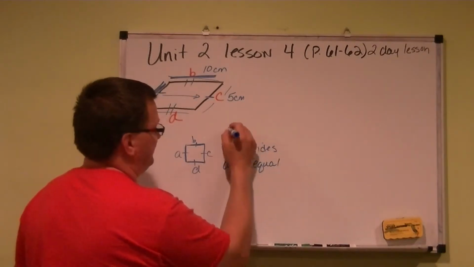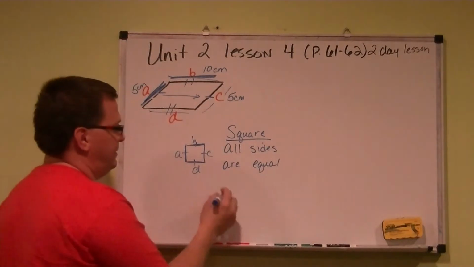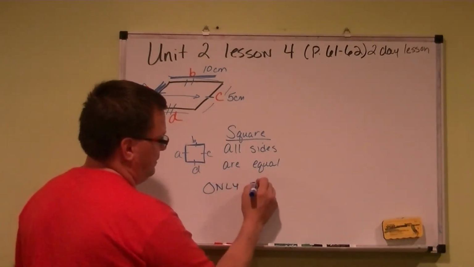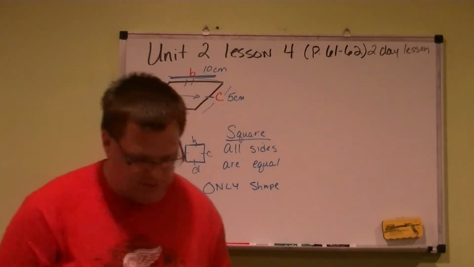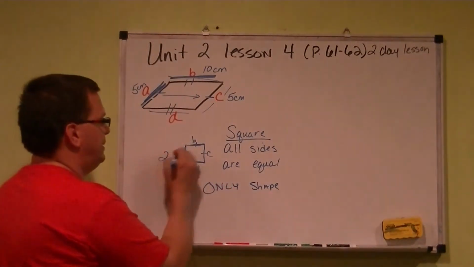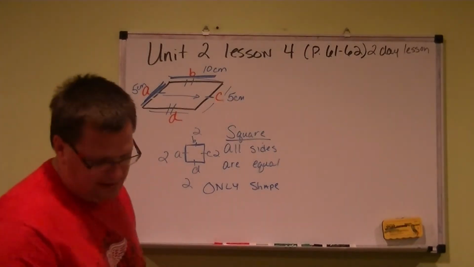So we'll just put square up here on top. That's the only shape where all four sides are going to be equal. So whenever you see a square, if this is 2, this must be 2, this must be 2, and this must be 2. So always remember that.